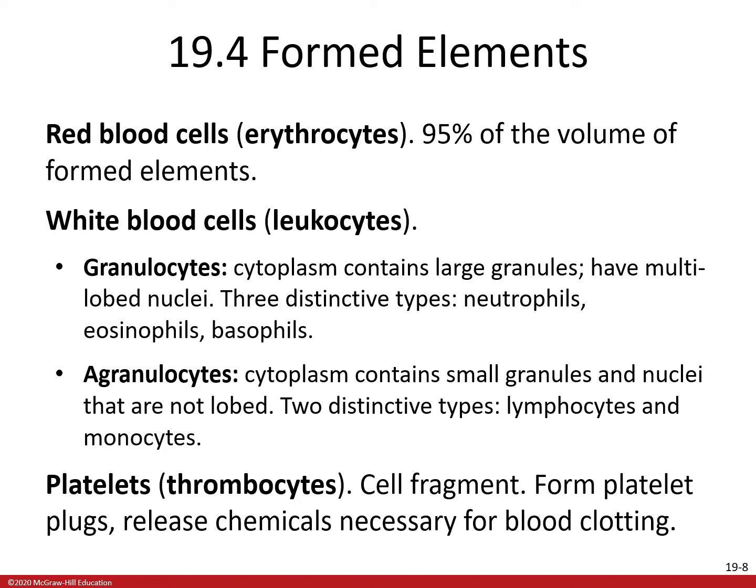White blood cells are going to be split into two groups, granulocytes and agranulocytes, and just the biggest difference is that granulocytes are going to have larger granules in the cytoplasm than agranulocytes, as well as a difference in the nuclei. The nuclei in granulocytes is going to be multi-lobed, while agranulocytes will not. And the last little composition here is going to be platelets, and we'll talk about those a little bit more on their own here in just a moment.